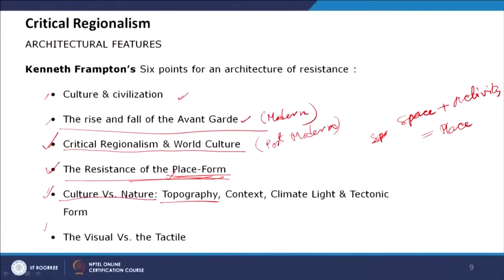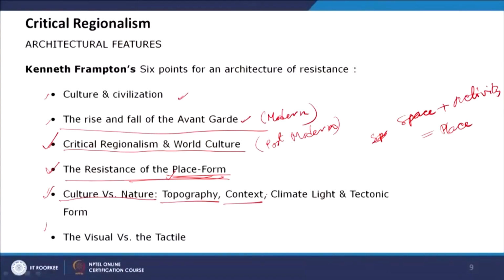This also impacts at a building level, and the things which are impacting are topography, what kind of land topography the contours are, the context, and this context is also people's context, their sociocultural behavior and their particular way of thinking, and the climate and light, and the tectonic form, which is not topography. With the tectonic, what is the material, this particular stone or earth.